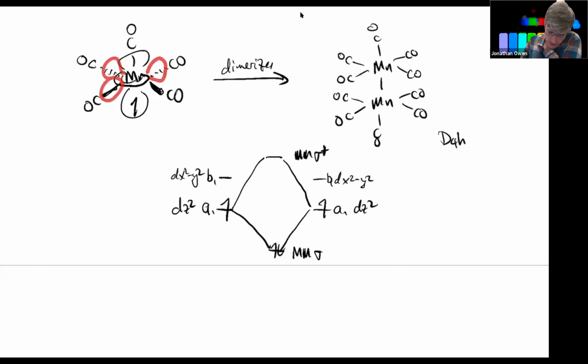It points down here at these COs, right? The x squared minus y squared points at the ligands. So when you put them together, they cozy up to each other, side by side, face to face.